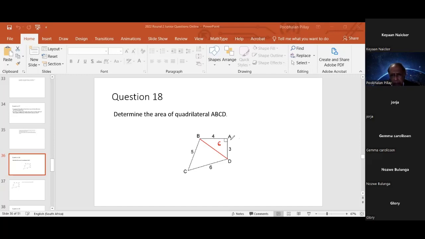But for the time being, because it's a right angle triangle, I can calculate the third side. You've got 3, 4, so the third side will be 5. Let me just separate this. So we'll just say the area of this is 6.